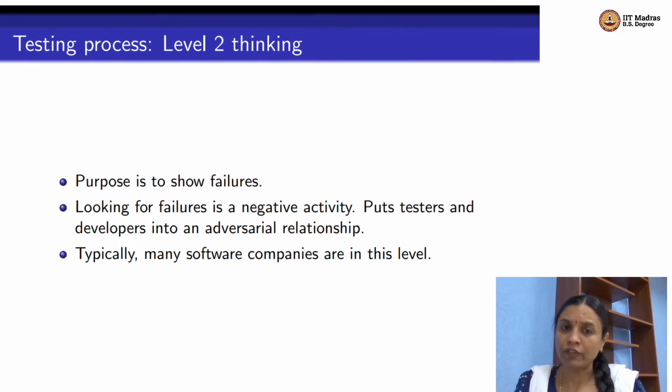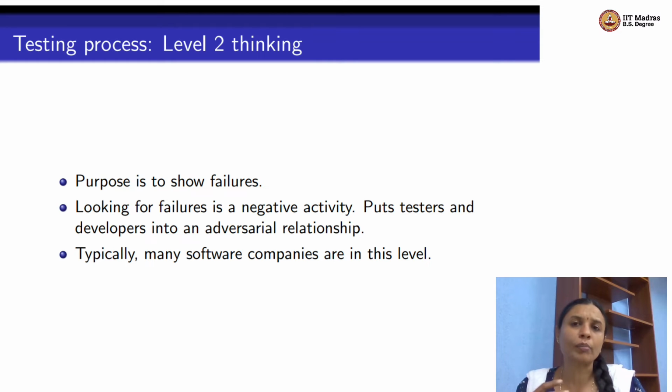The next one is level 2 thinking, where testers and developers are consciously aware of the fact that the goal of testing is to find errors by showing failures in the software. But it's sometimes mistakenly viewed as: I am a developer, he or she is a tester, they found an error in my code, that's bad.